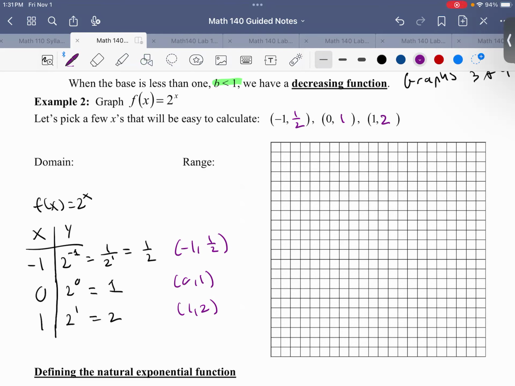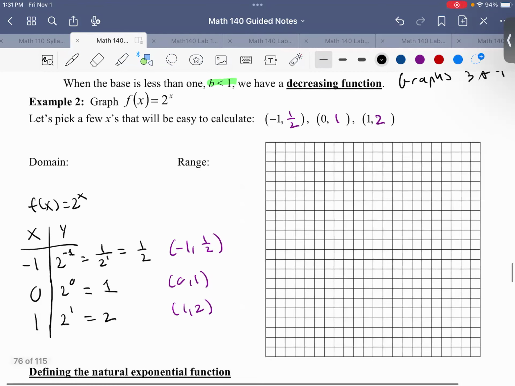So let's go ahead and sketch a graph. So what we want to do is get our axes on this scale, give it a nice approximation, get your arrows in each direction and label your axes y and x. So the first point is -1, 1/2.